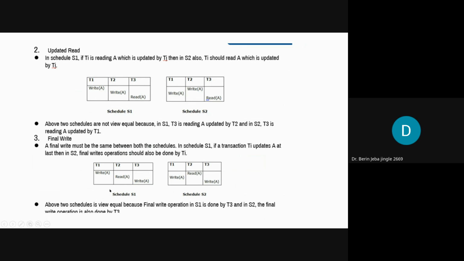For example, with two schedules, if in schedule 1 the transaction updates A last, then in S1 the final write operation is in T3, and in schedule 2 also the final write operation is in T3. So it satisfies the third condition.